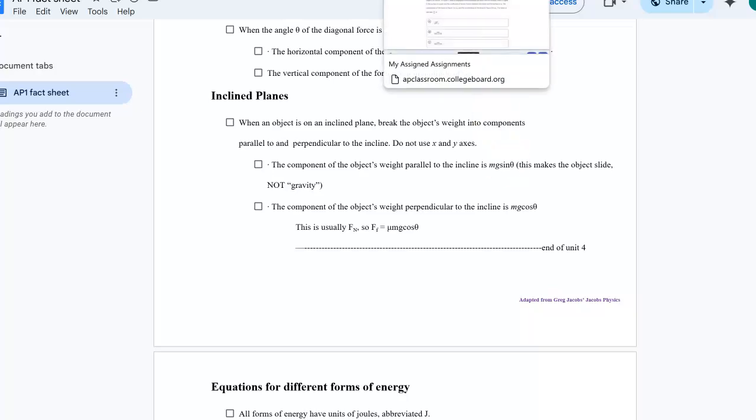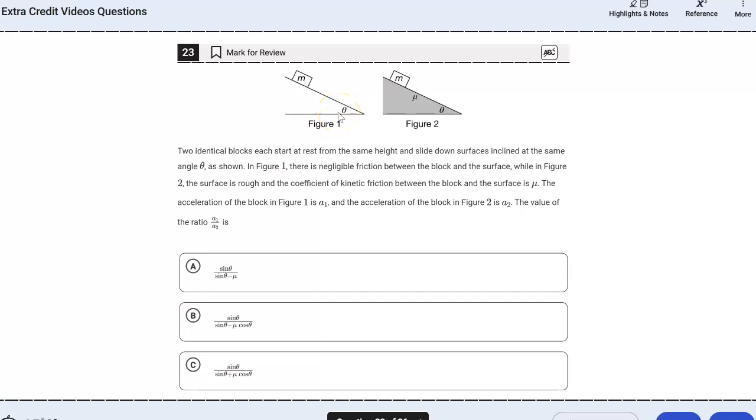So gravity acts straight down. That's the weight force. And that's perpendicular. That's our normal force.